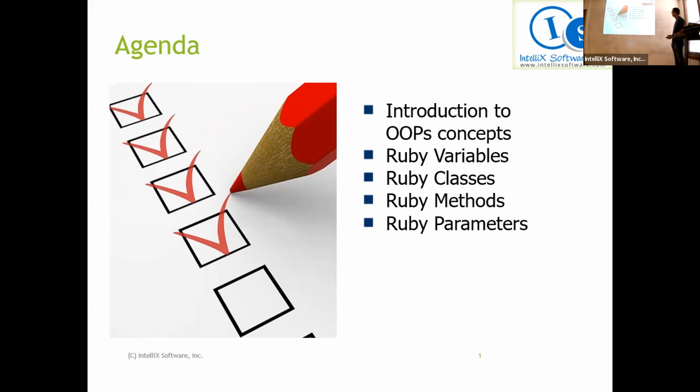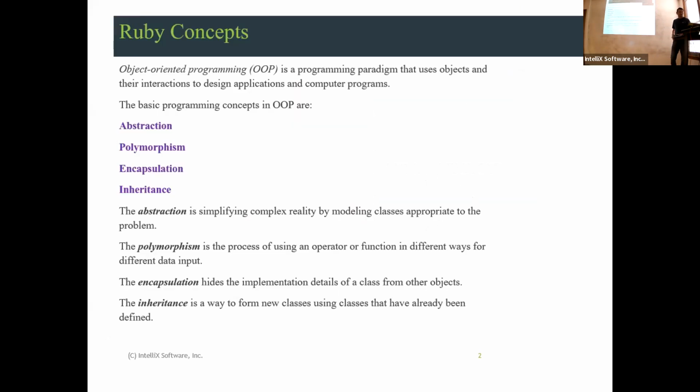Okay, so let's understand what is object-oriented programming. Object-oriented programming is more of a paradigm, or way of writing your programs. Paradigm is nothing but following certain principles.